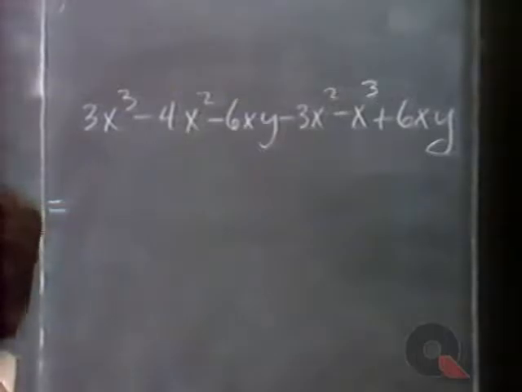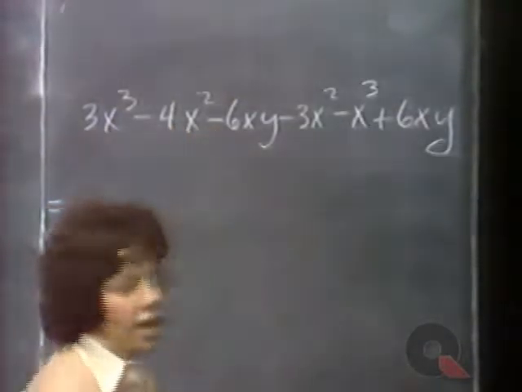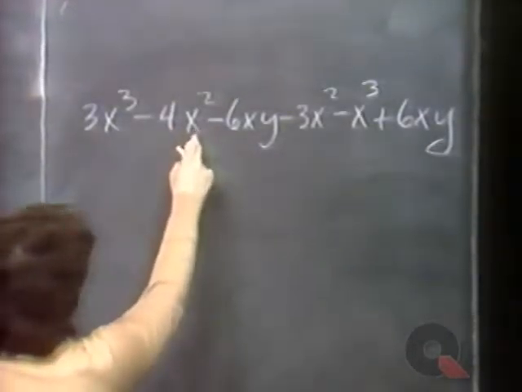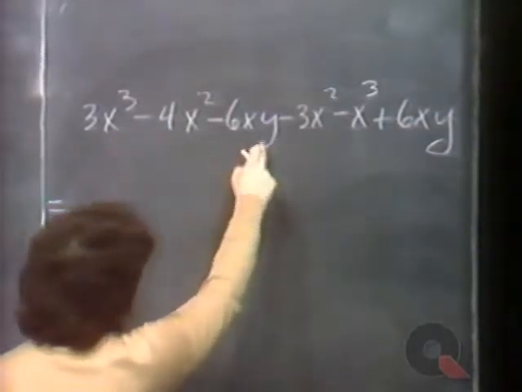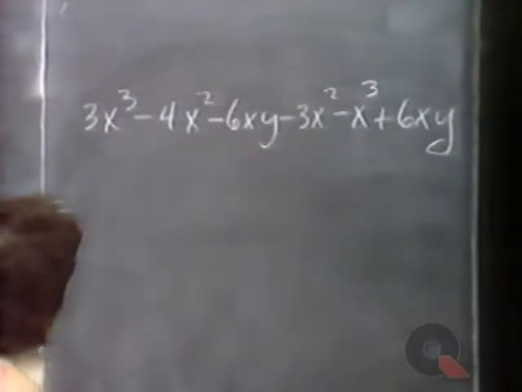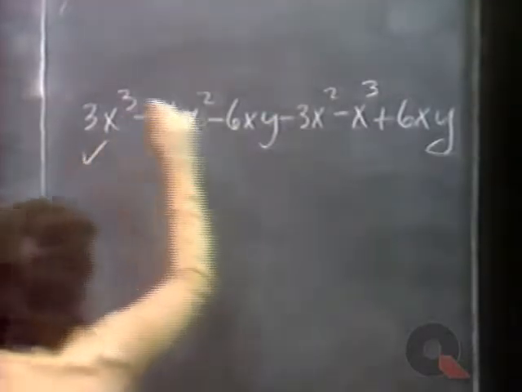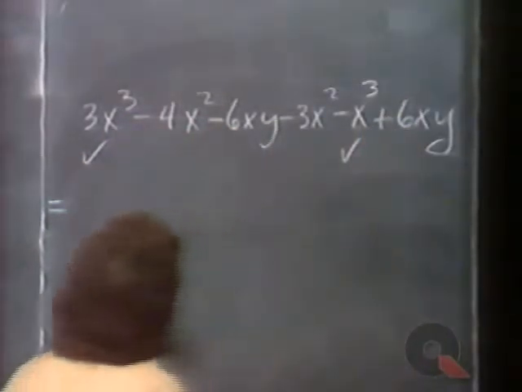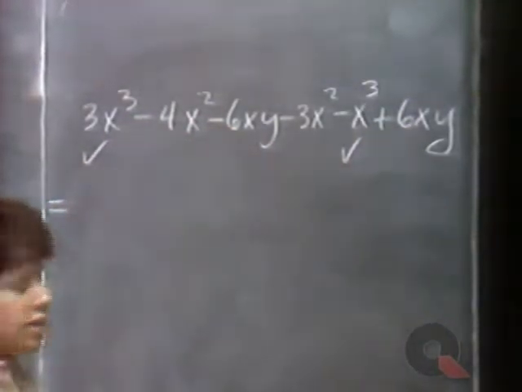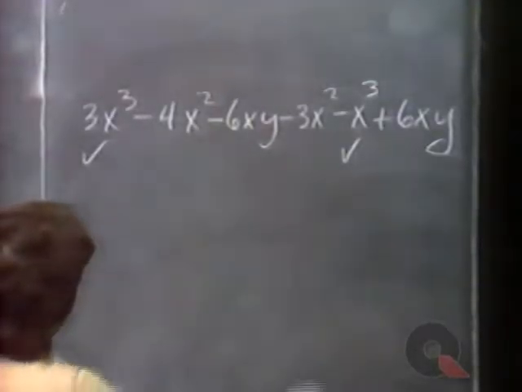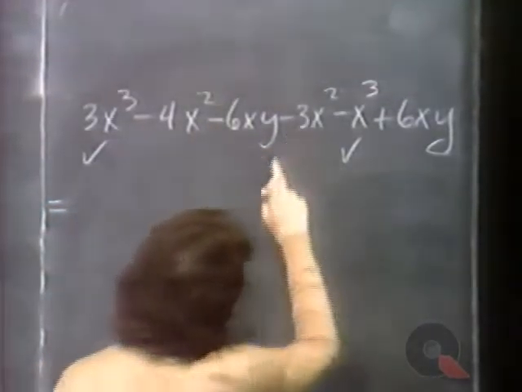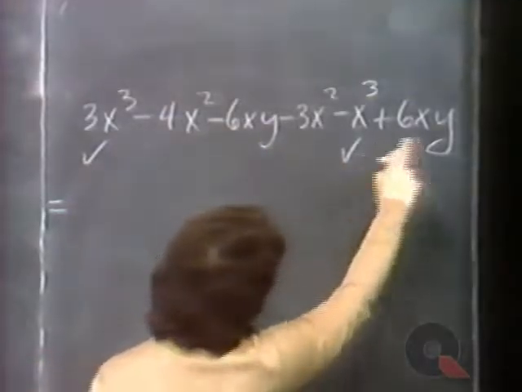First thing you notice is that all of the terms are not like terms. This one has an x squared, this one has an x cubed, this one has an xy. But some of the terms are similar to each other. This term and this term are like terms. You have a 3x cubed and a minus x cubed. You have a minus 4x squared and a minus 3x squared, a minus 6xy and a plus 6xy.